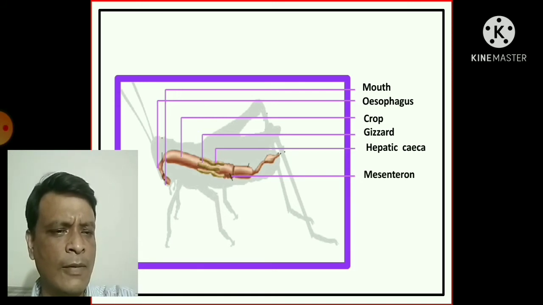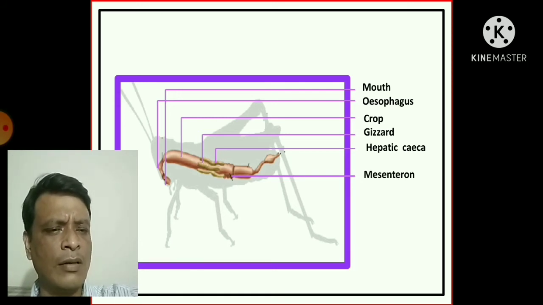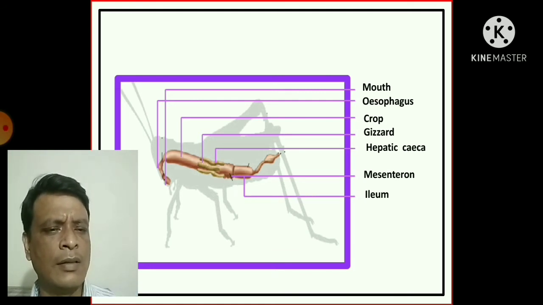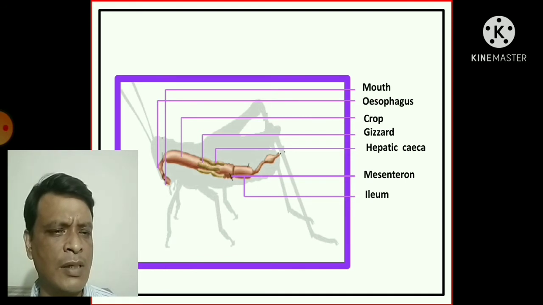And this is the mesenteron or midgut. And the ileum, this is the tube-like structure just behind the mesenteron.